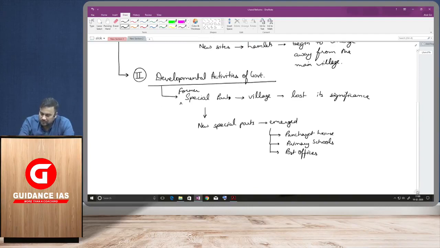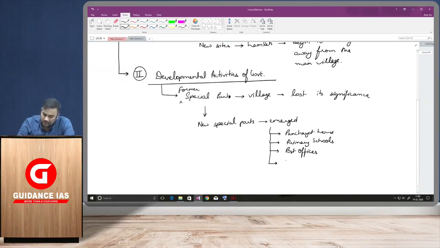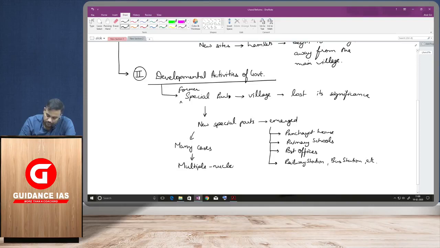This can be other situations like a railway station or bus station, etc. In many cases, there are multiple nuclei villages, which have more than one special part.